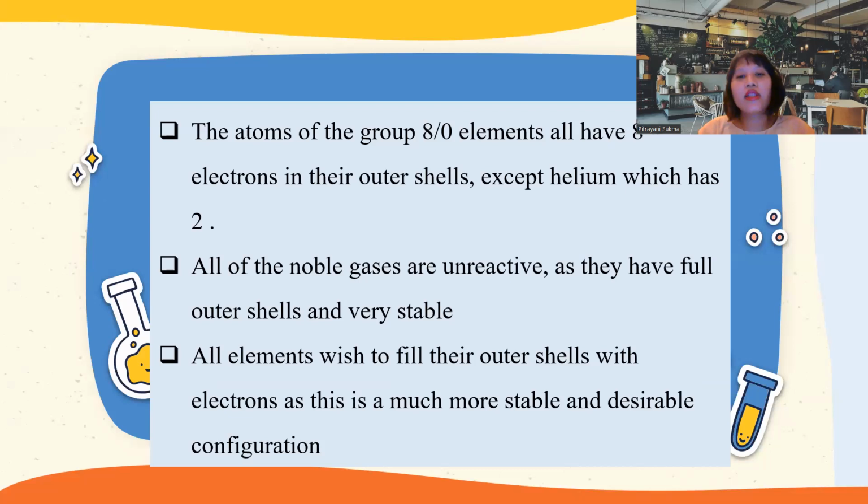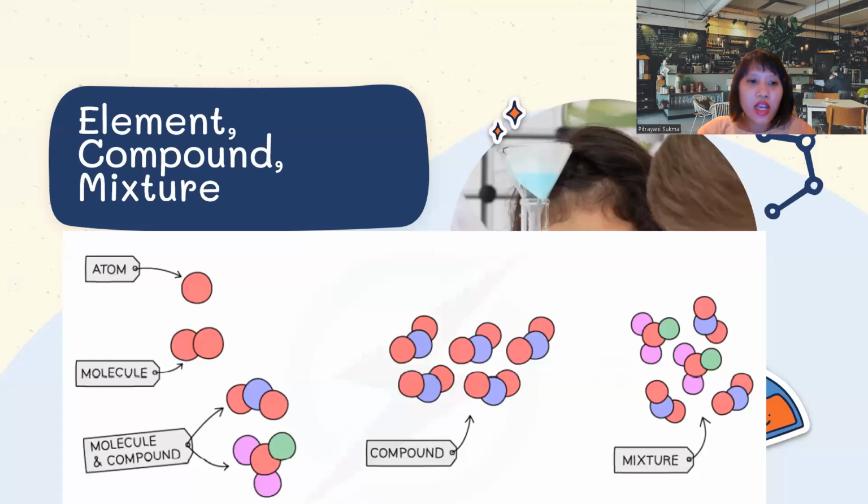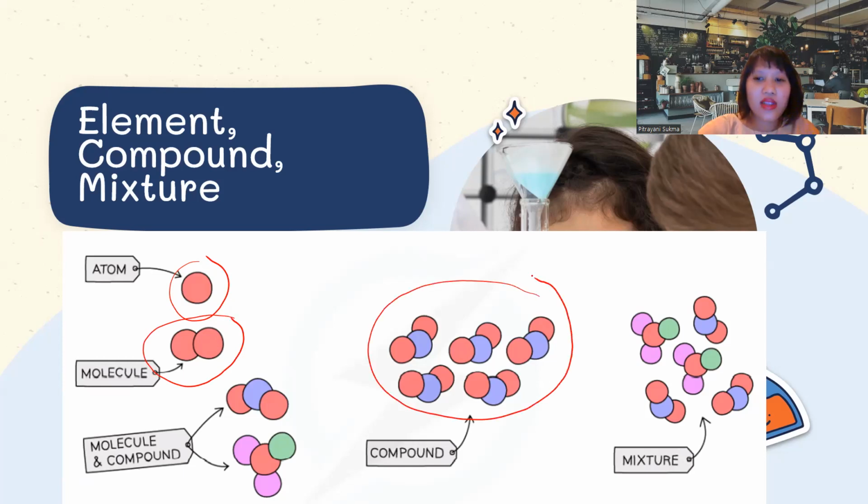And then before we go into ionic bonding and covalent bonding, let's explain the difference between element, mixture, and compound, which is in part 3, types of substances and their properties. So as we can see here, this is an atom, and then this is a molecule, and then this is a compound, and then this is a mixture.